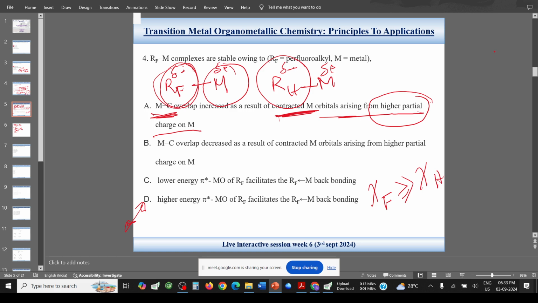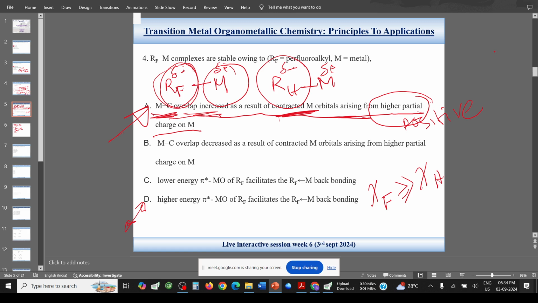That is the energy factor. So orbital overlap increases because of the contracted metal orbital, because of the high partial positive charge on the metal center. So here option A is one of the correct answers.